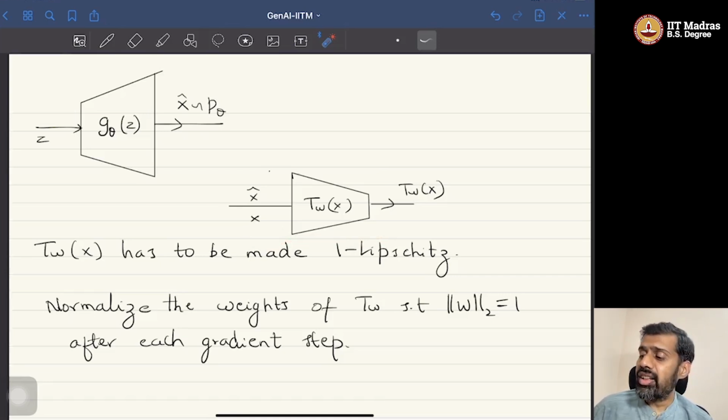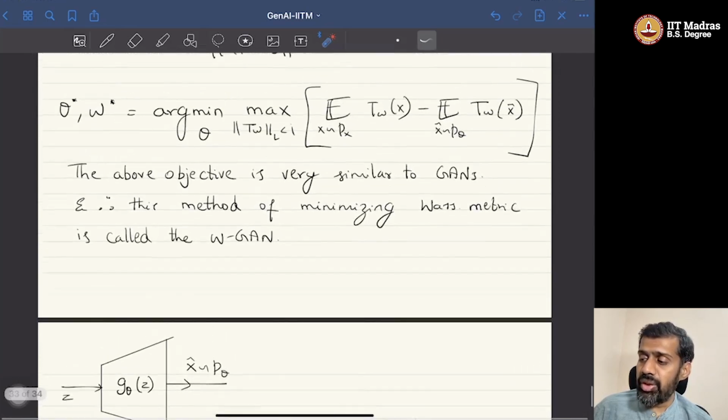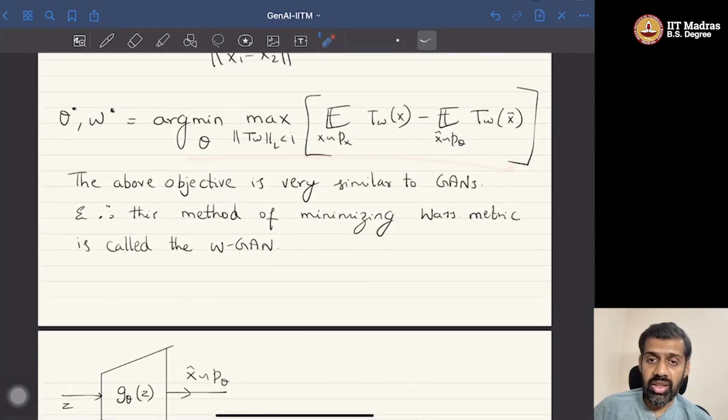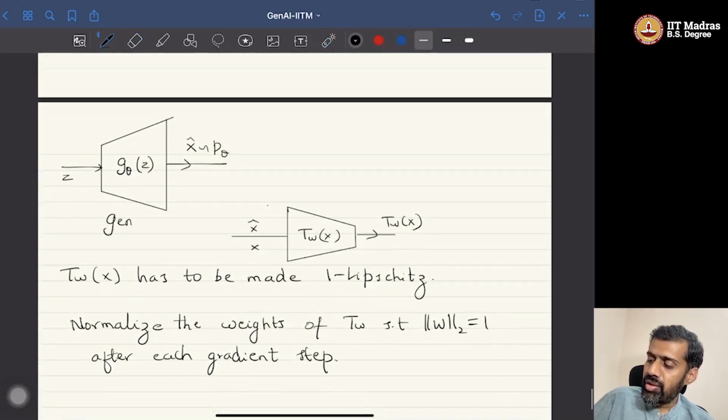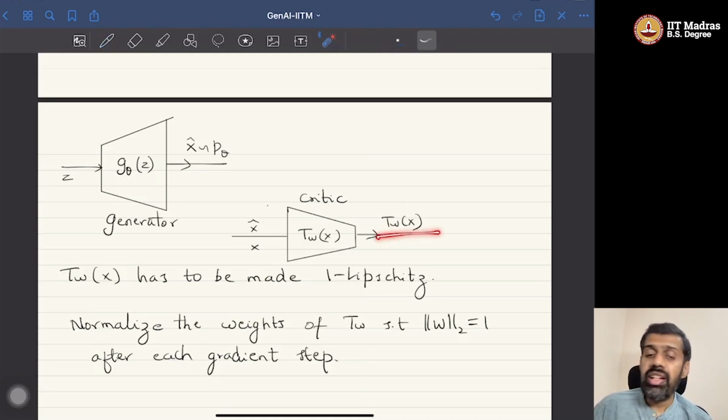So training a WGAN is extremely similar to that of a normal GAN with this particular objective function. But one has to ensure that the discriminator, which is typically called the critique network in the WGAN literature, is made one-Lipschitz by normalizing the weights after every gradient step.